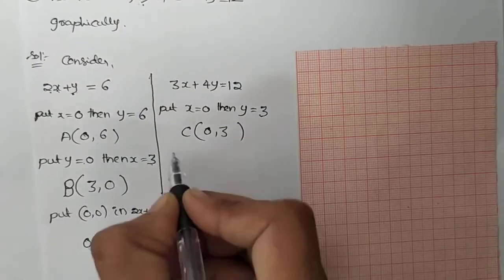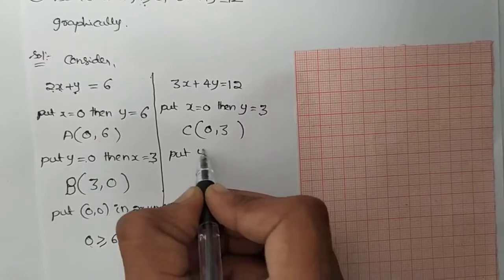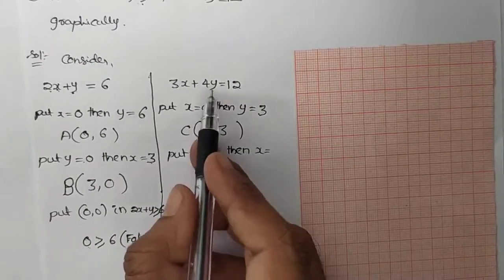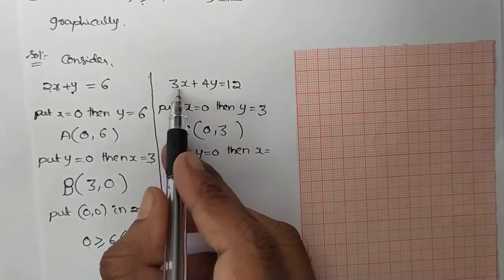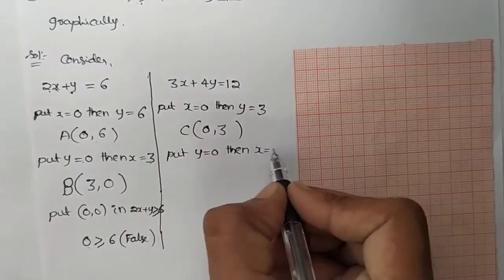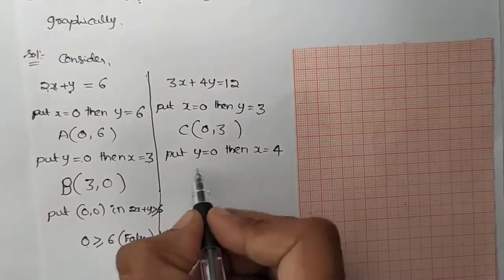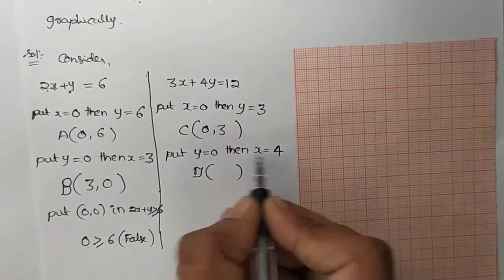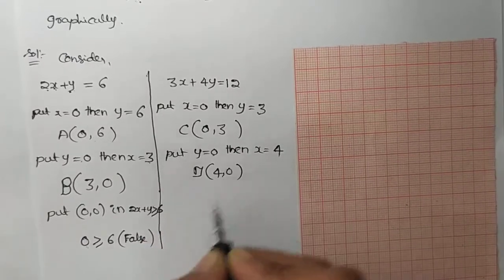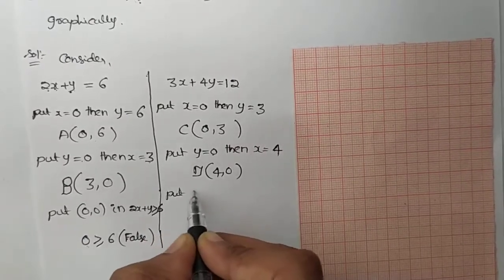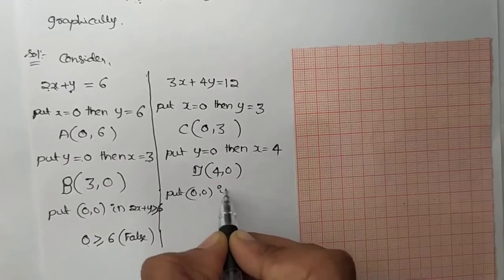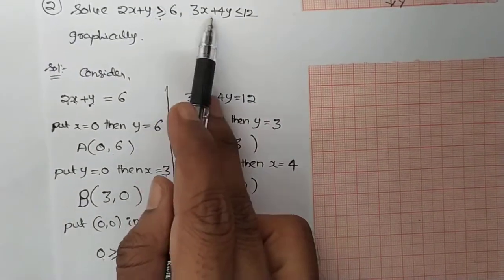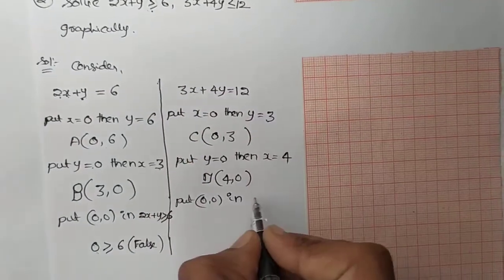Next, put y equals 0, then 3x equals 12, 3 fours are 12, so x equals 4. The point D will be x comma y, 4 comma 0. Next, put 0 comma 0 in the given inequality 3x plus 4y less than or equal to 12.